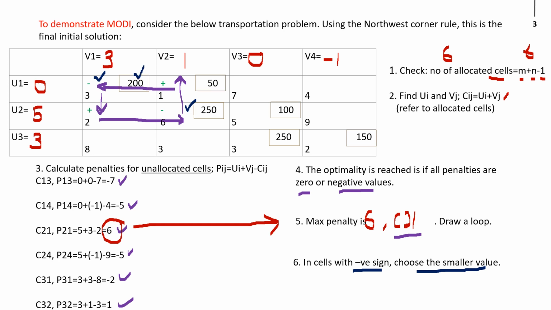So we will develop a new table, which is 200 plus 50 will be 250. 200 minus 250 will be 50. 200 plus 0 here will be 200. And 200 minus 200 will be 0.